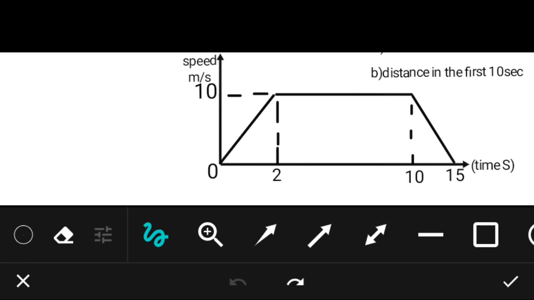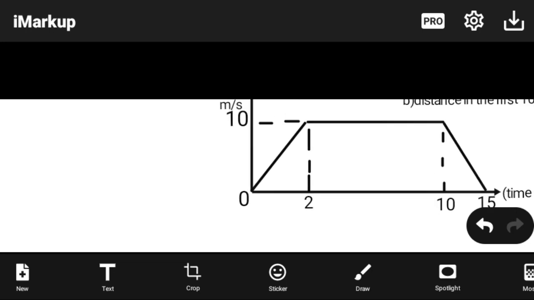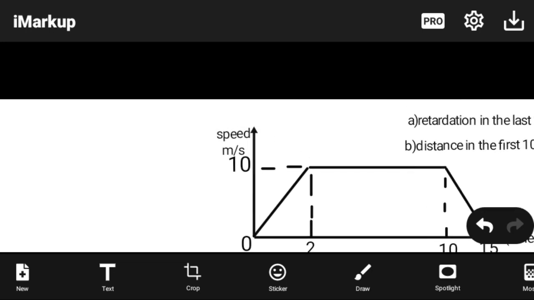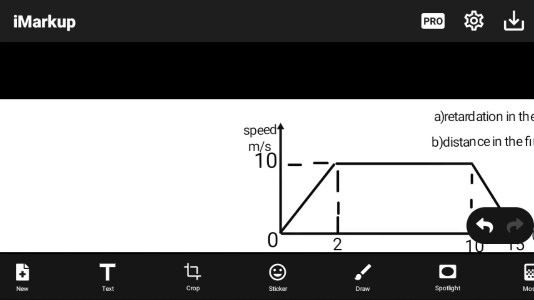Now when you clearly analyze this graph, in the first 10 seconds here, this is a trapezium. So now we need to come up with a formula for a trapezium. Let me just push this side.